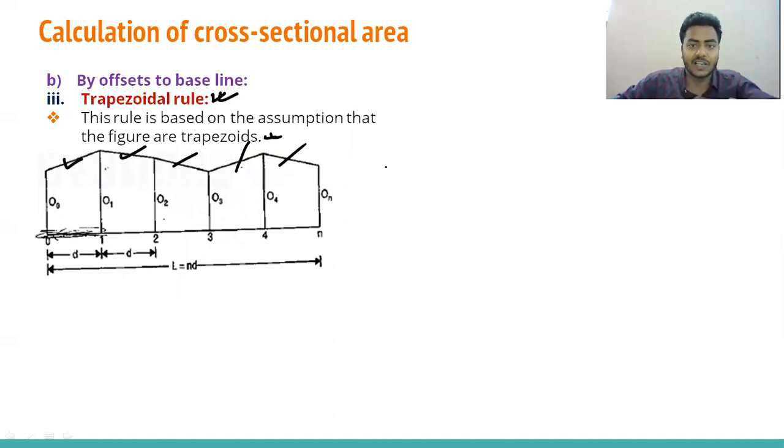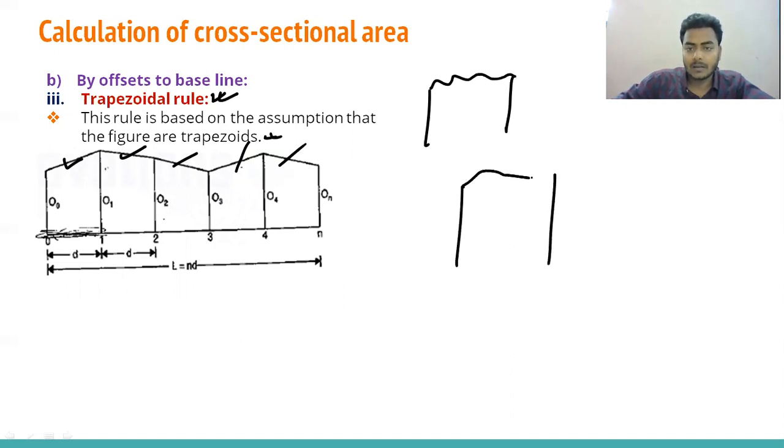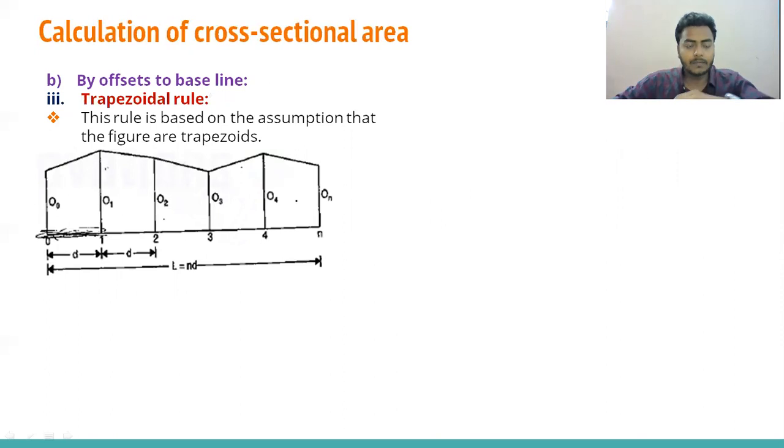You will see some variation, like the lines between two ordinates can be like this, or like this, or like this. So we are assuming that the ground between these ordinates will be in a straight line format, like this. So this is one basic assumption.